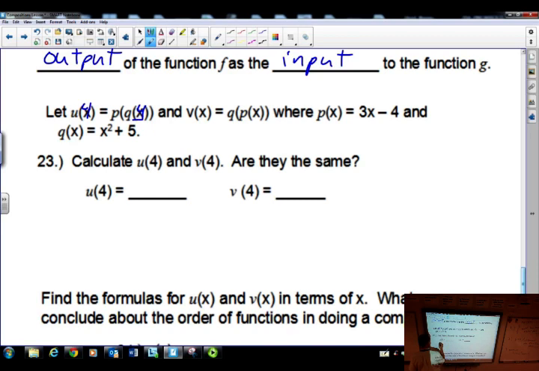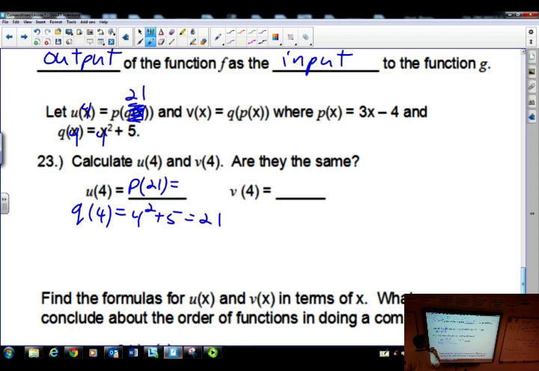Q of 4 is 4 squared, which is 16, plus 5 is 21. So now q of 4 is 21, and then we have to do p of 21 to get our final answer.